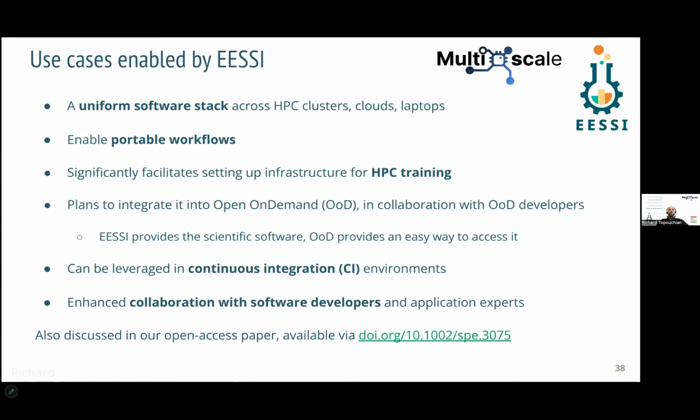So by standardizing the software environment through a shared infrastructure, Easy eliminates the inconsistencies that often plague scientific computing across different systems. Whether you're developing code on your laptop, putting it in the cloud, or scaling up on a supercomputer, you get the same reliable, optimized software stack.